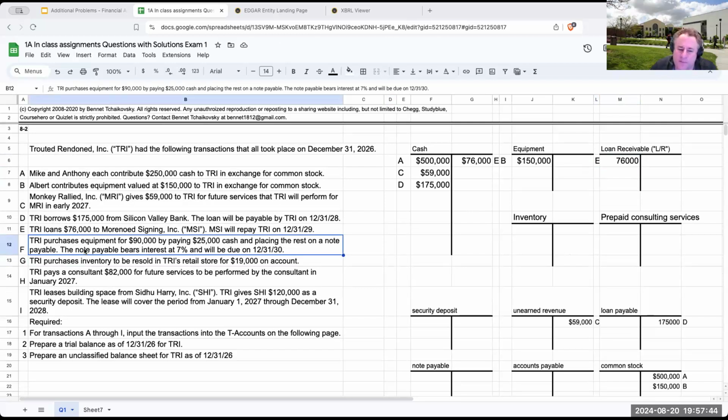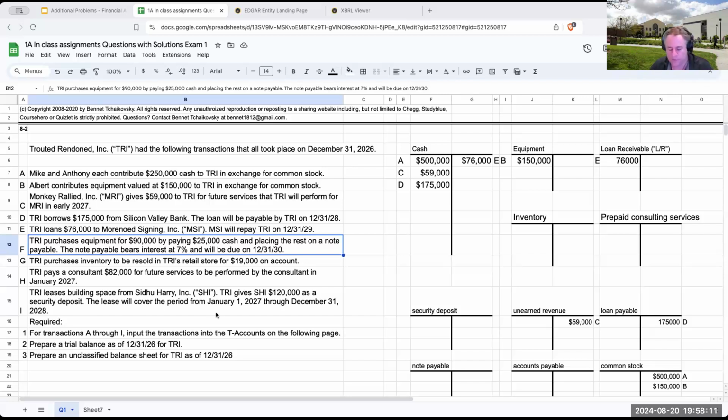We purchased equipment for $90,000 by paying $25,000 cash and placing the rest on a note payable. The note bears interest at 7% and will be due on 12/31/30. Now, I threw this in here to kind of mess you up. We don't care about the interest because we're just interested in recording the initial transaction, but there's a couple things going on here.